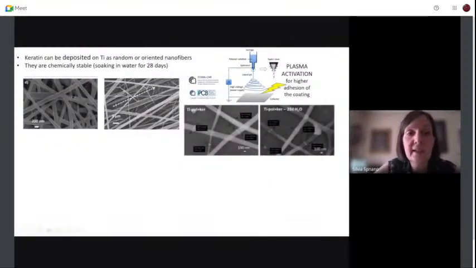You can see here some nanofibers of keratin with a random distribution on the left and with an oriented alignment on the right. And you can see that after 28 days of soaking in water, here on the right, the nanofibers are almost unchanged, so they are very stable. And we can enhance the mechanical adhesion of the nanofibers to the titanium through plasma activation.